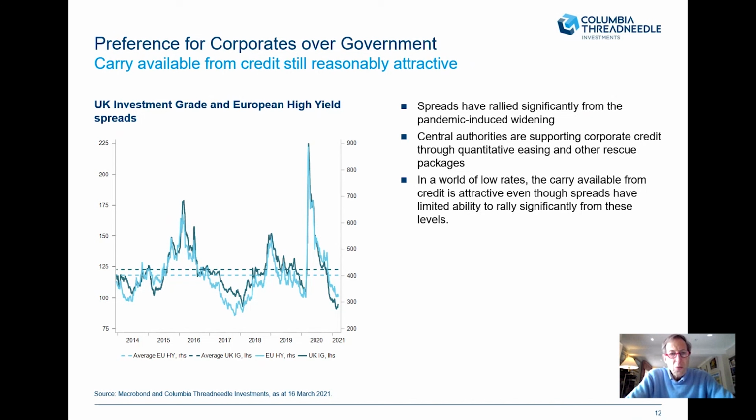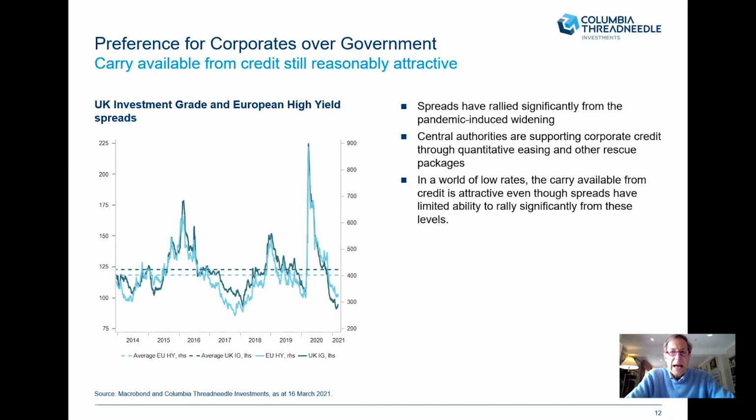It's come back a long way, but we still think it represents reasonable value. We're not looking for spreads to tighten much from here, but we do think there is a reasonable carry, i.e. each year you're getting an incremental yield of something like 300 basis points from high yield bonds and around 100 basis points from investment grade bonds. And we think that's worth having.